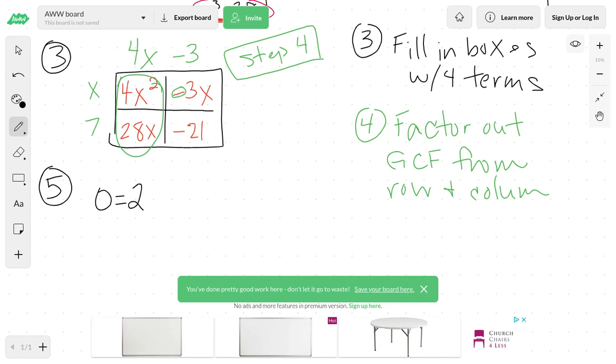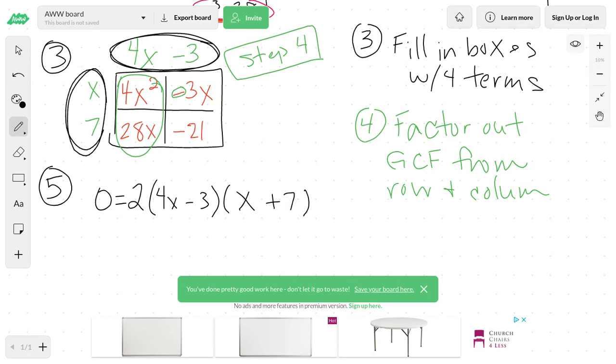We have our GCF still, which was 2. And then we have our 2 parentheses. One parenthesis is our 4x minus 3, which comes from up here. And our second parenthesis is x plus 7, which comes from over here. Okay, so those are our two parentheses.